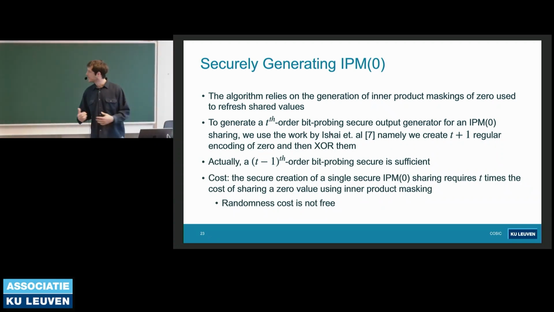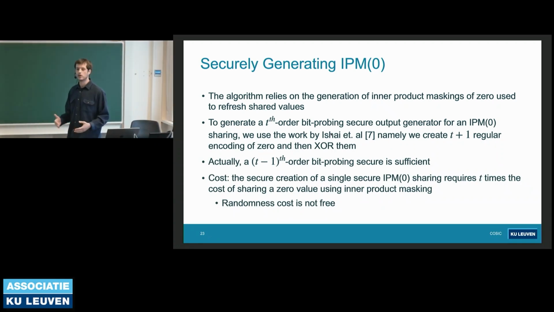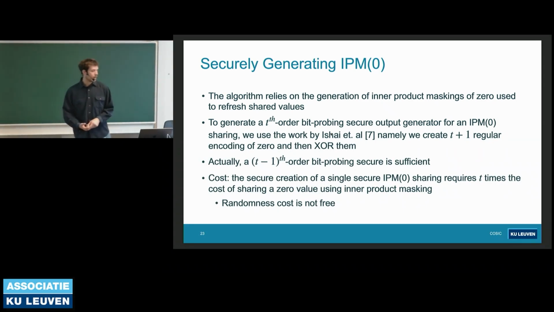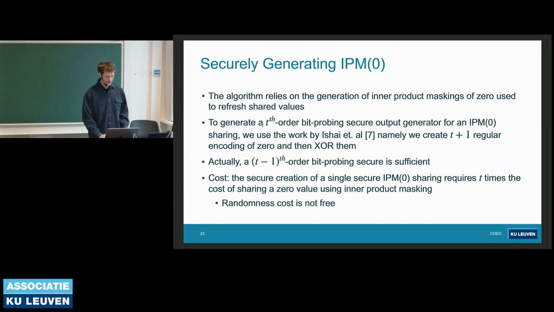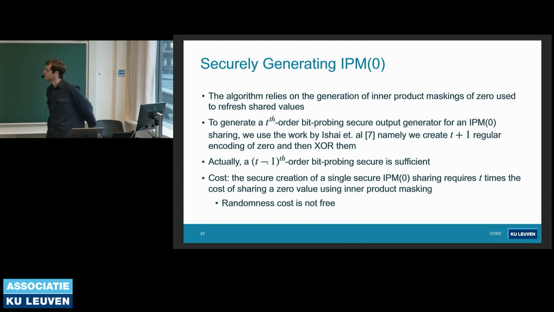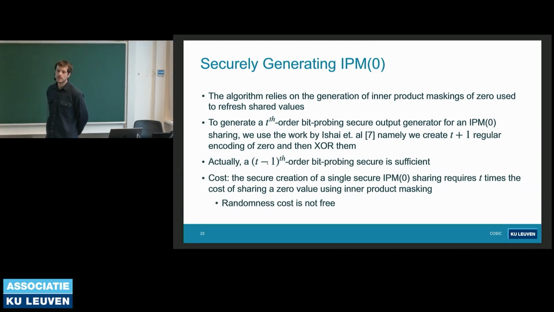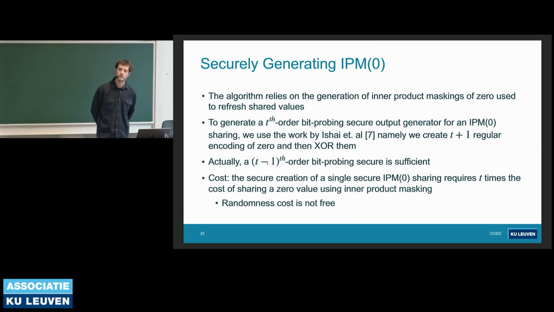And we generate that by making t+1 regular encodings of 0 using IPM, and we XOR them together. And then with that, we can be assured that this is bit probing secure. You don't really need to have a t-SNI. In practice, you can use t-1.